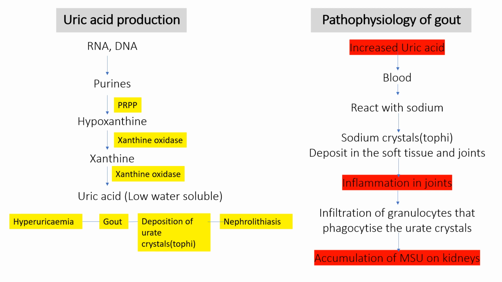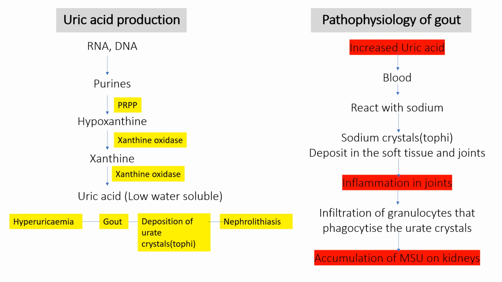If left untreated, it gets deposited on the kidney, since it is a waste product which has to be excreted by the kidney. Now the pathophysiology of gout. Increased uric acid in blood reacts with sodium and forms monosodium urate crystals. These get deposited in the soft tissue and joints, forming inflammation in the joints.